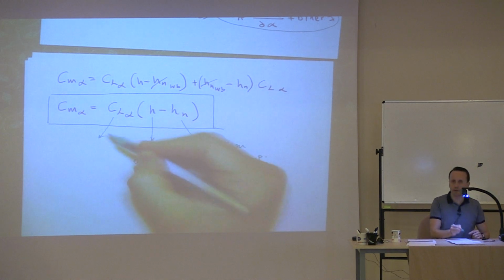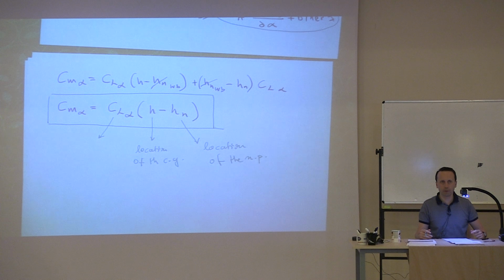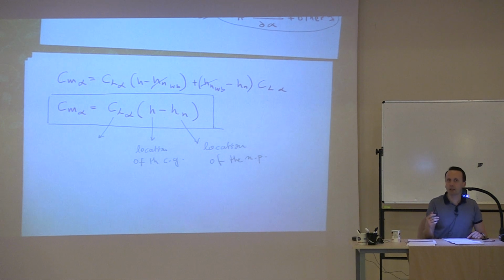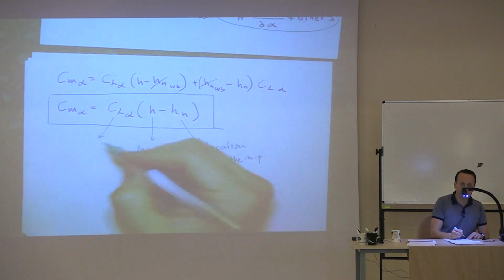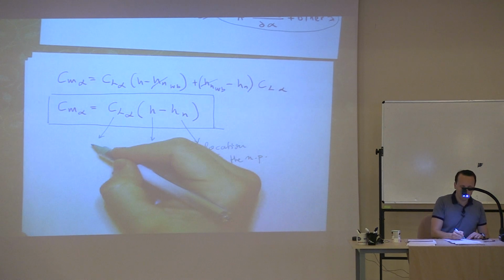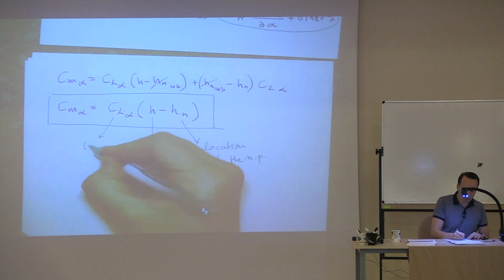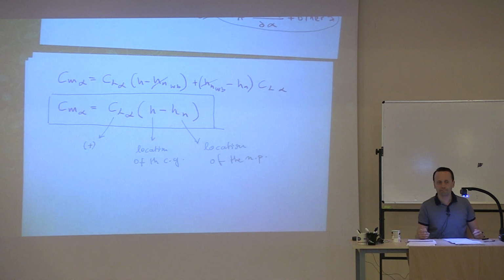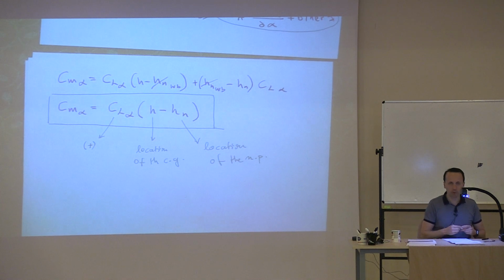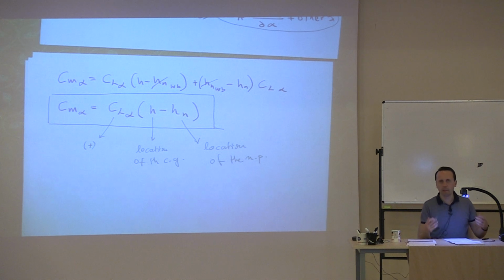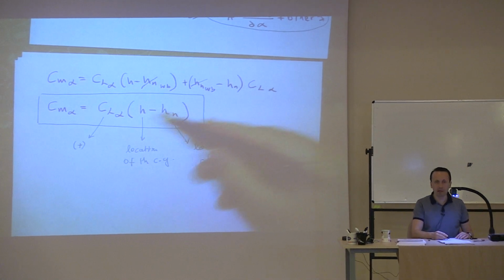Cl alpha is the Cl alpha of the whole wing body, so it's basically the wing body Cl alpha. So it is the lift curve slope, and hopefully it's always positive, right? Okay. So what did we say? Cm alpha must be negative for stability. What does it mean? Hn must be bigger than H.